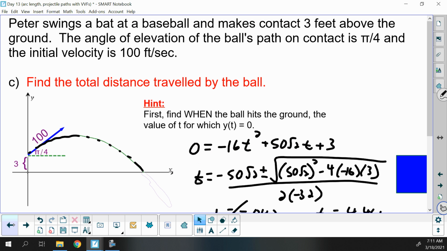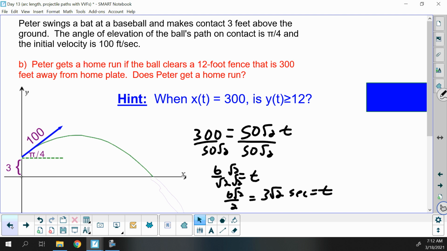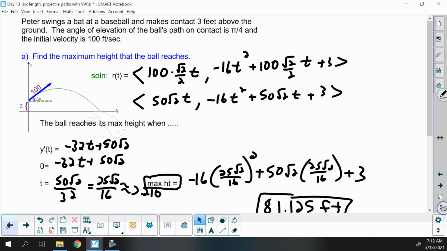So if we go back up here, that means we're going to have the integral from 0 to 4.461 of the square root of our derivative of our x component, just as a reminder, this was our x component. So its derivative, we're going to have 50 square root of 2.